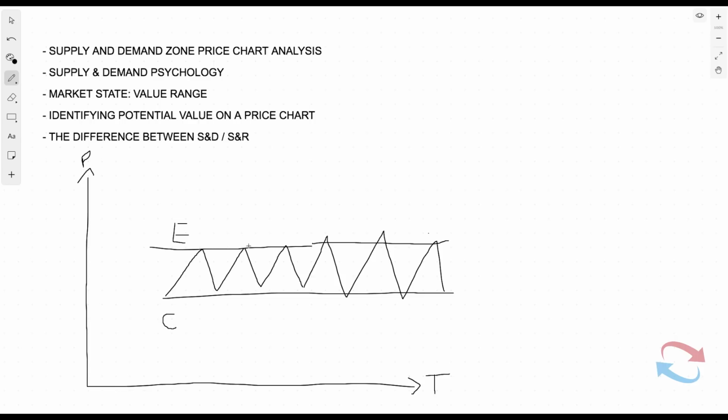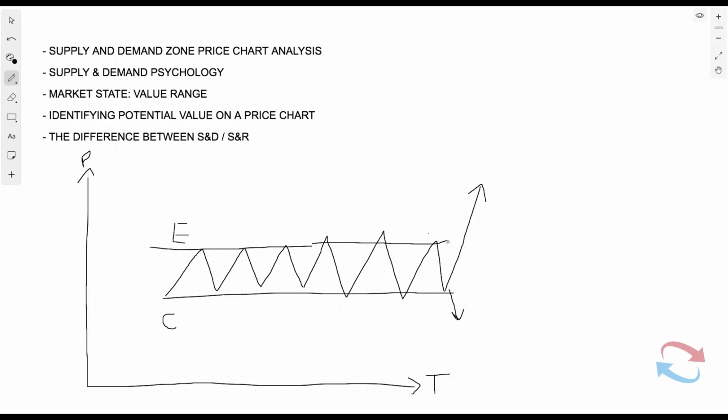Buyers are buying here, but no one's willing to buy up here. Price discovery would mean that at some point, something is going to change. And this is normally through some sort of fundamental shift in the value of one currency against another. And this could be down to interest rates, GDP, politics, risk on, risk off.